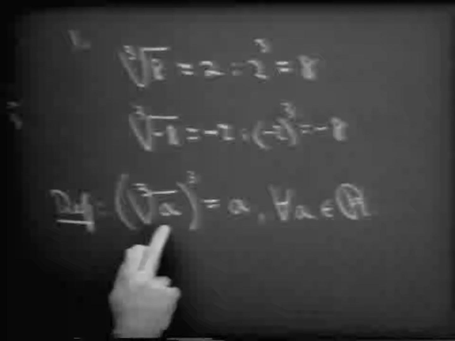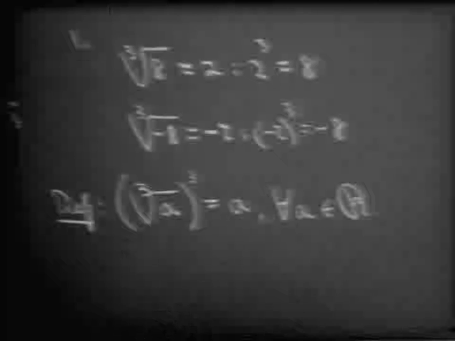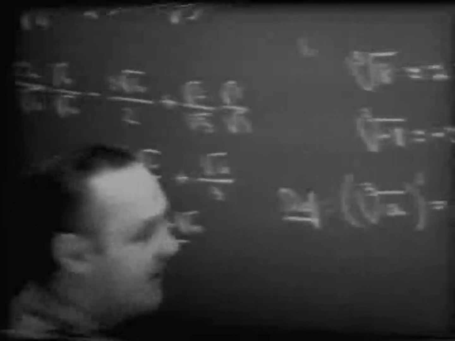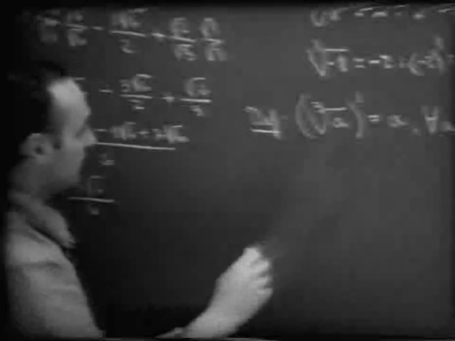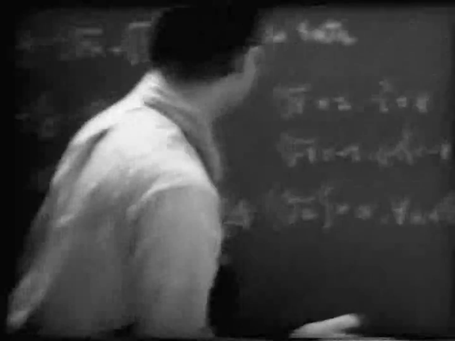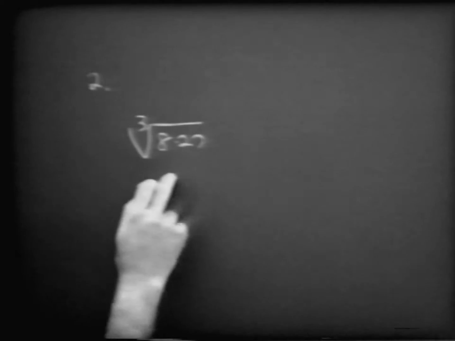Okay? And I think this carries through immediately from what we mean by the square root of a number, except for square roots, we have to be careful about what kind of number A we can have in here. Okay? Let's look at a few other ideas that have to do with cube roots. Suppose we had the cube root of 8 times 27.